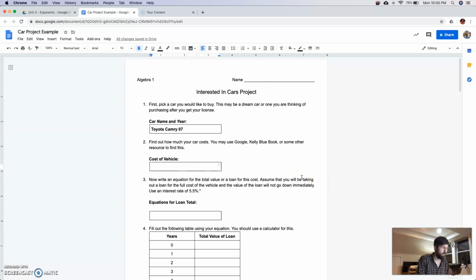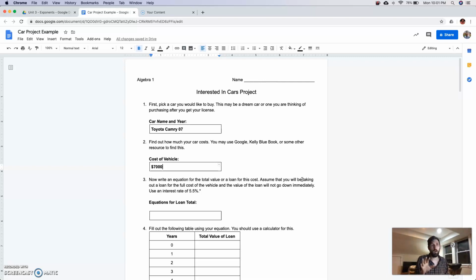And the cost of that vehicle when I bought it was $7,000. Boom. So you can look that stuff up, you can just Google if you want to buy a modern car. If you want to buy an older car, you can go through Kelley Blue Book.